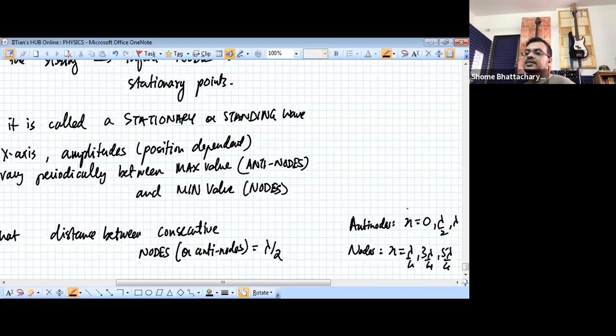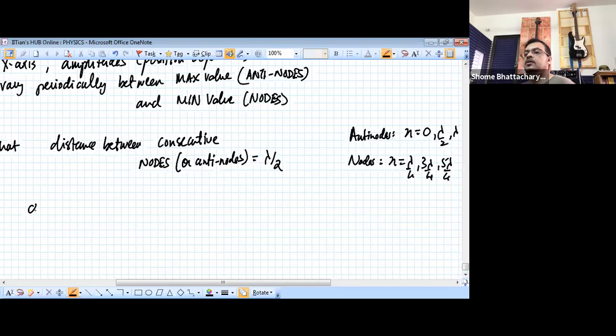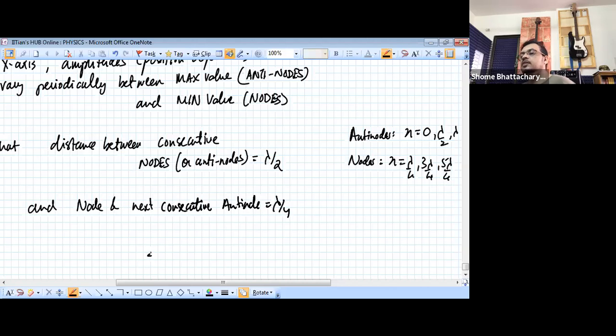Or the distance between consecutive antinodes is also lambda by 2. Whereas a node and the next consecutive antinode is lambda by 4. I'll just help you out with a graph over here.